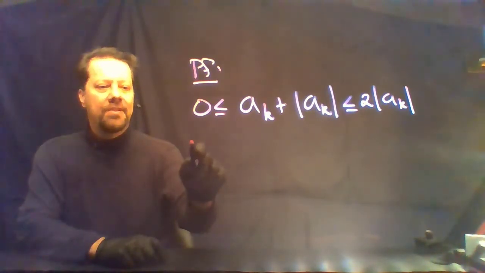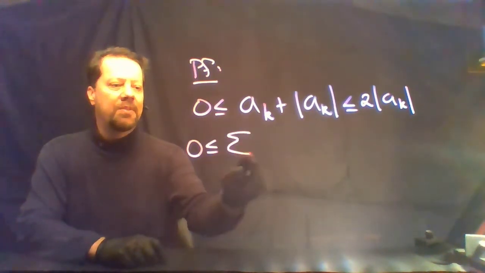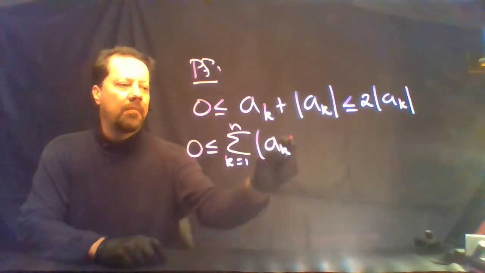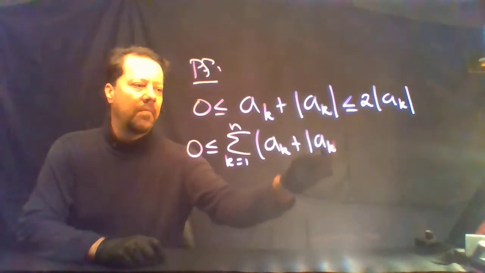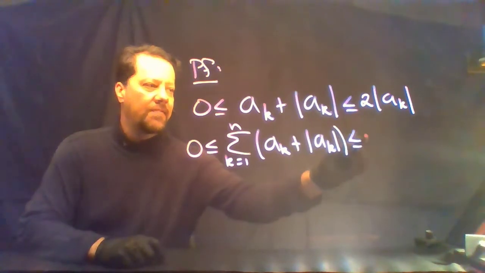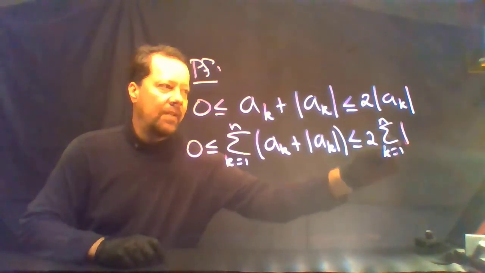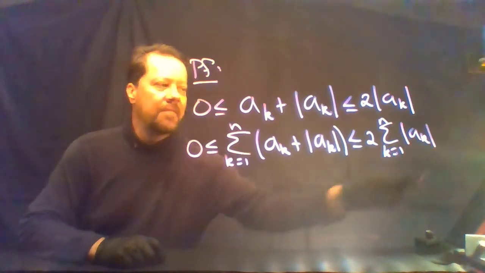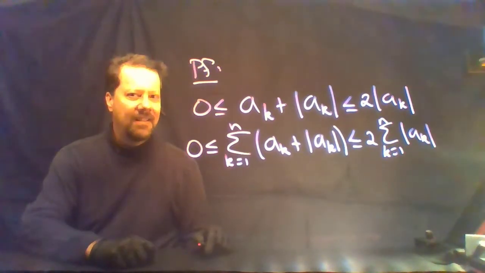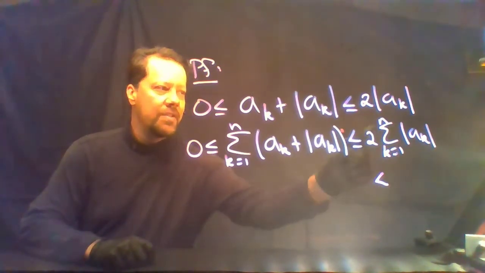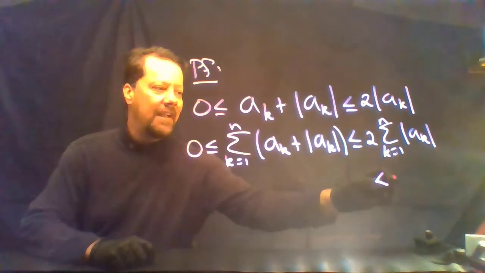It follows that the partial sums satisfy this sequence of inequalities. Now, this thing converges in the limit as n goes to infinity.